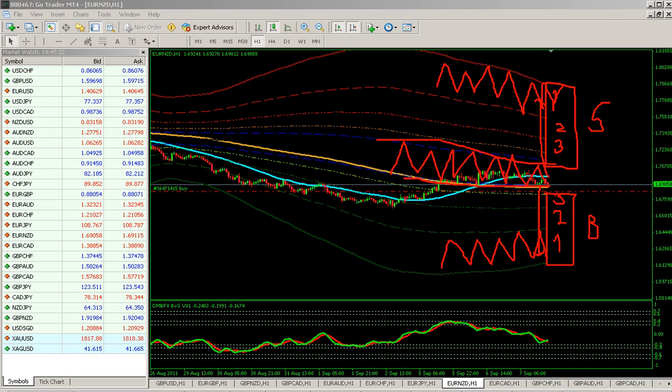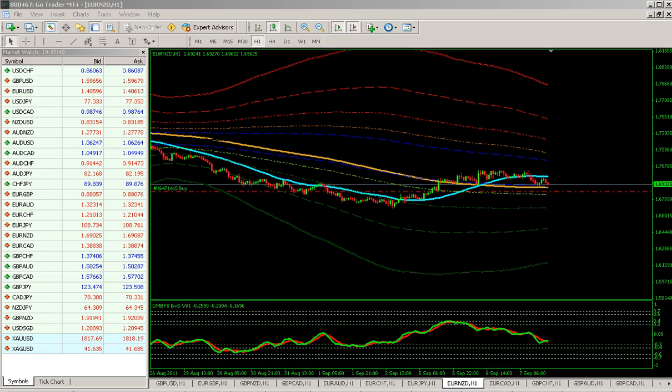We would never go into a trade in the neutral zone because it would be a bit too risky. So we would only trade whenever we're in the buy zones or in the sell zones. The best opportunity to do a buy or a sell would be in buy zone 1 or sell zone 1. Okay, so that's a bit about the first condition.